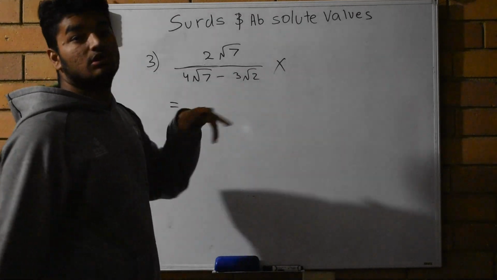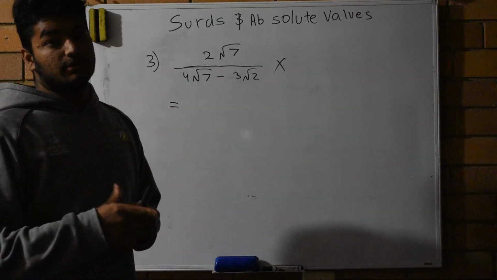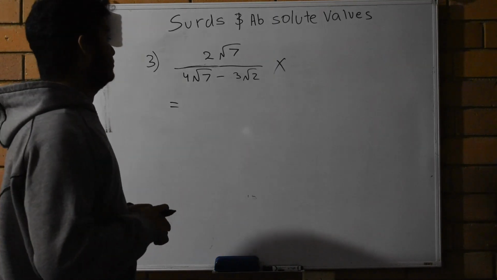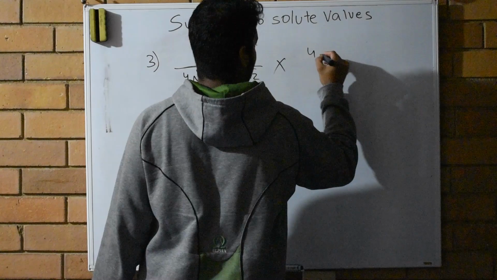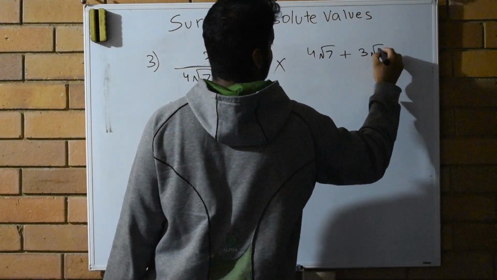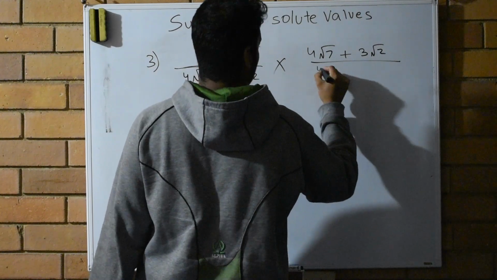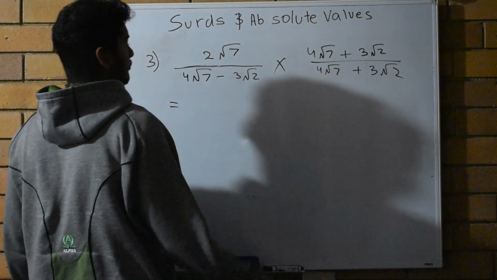We're going to change it to the positive, because as you guys know, the completing the square formula. So yeah, let's just get started. Okay, so 4 root 7 plus 3 root 2 divided by 4 root 7 plus 3 root 2.